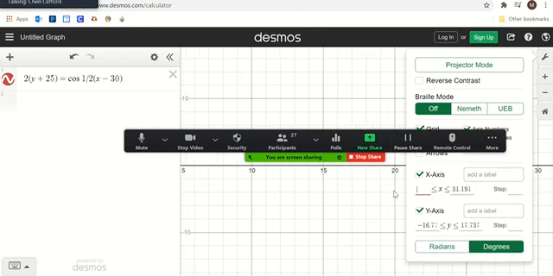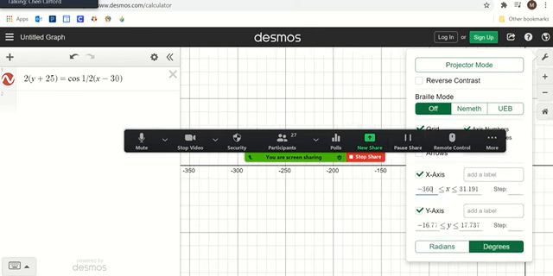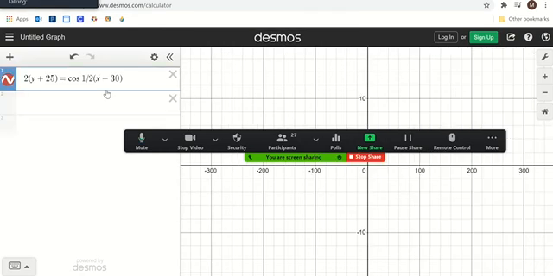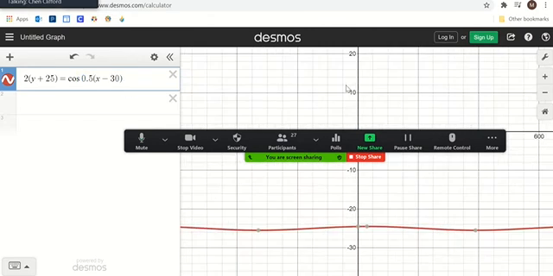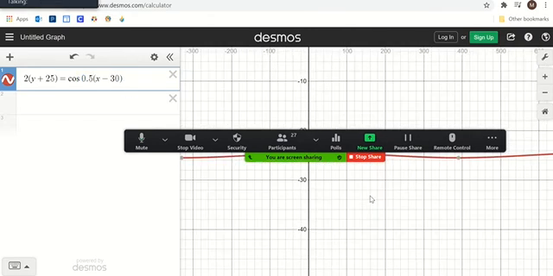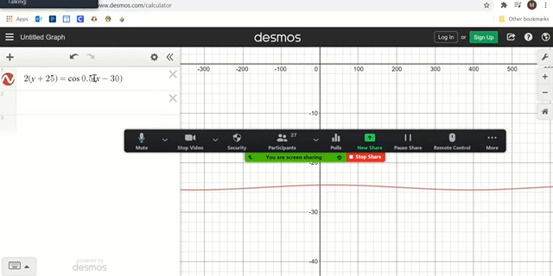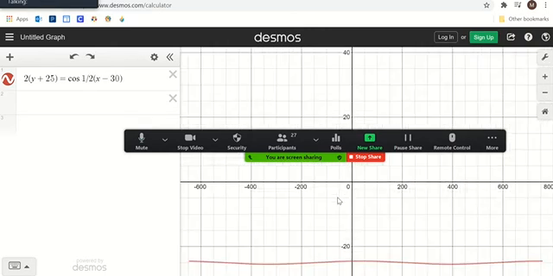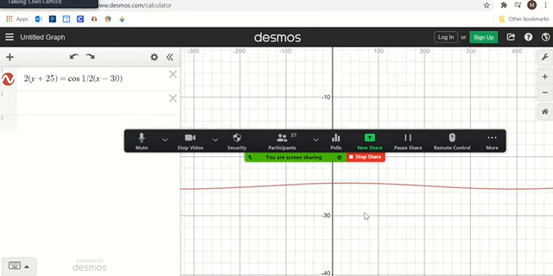X-axis, make it negative 360, and make this positive 360. Make this 0.5 instead of 1/2. Let's see if that makes a difference. I don't know why the graph is not popping up. Oh, there it is. Okay, so let's change it back to 1/2 then. So that's your graph right there.